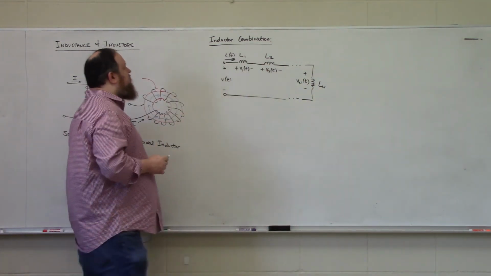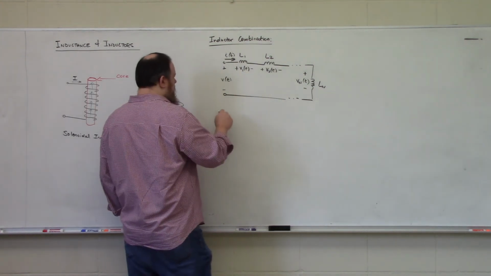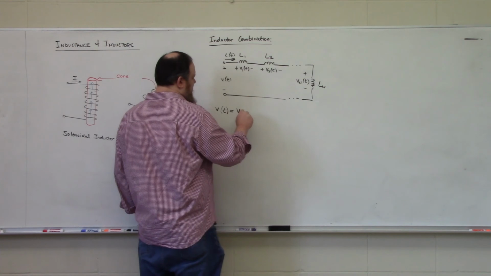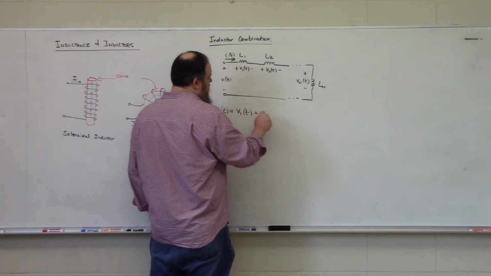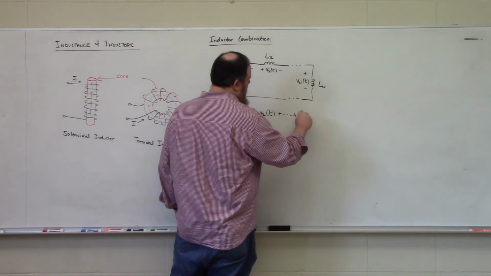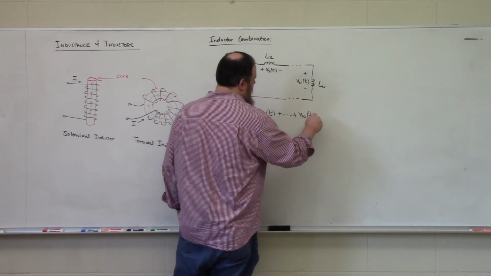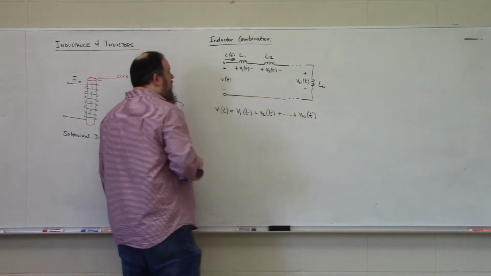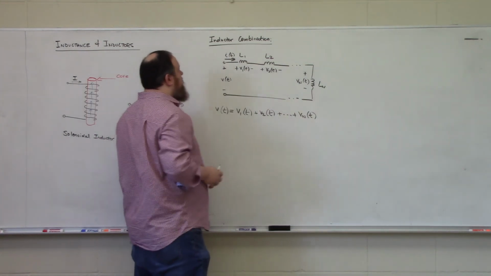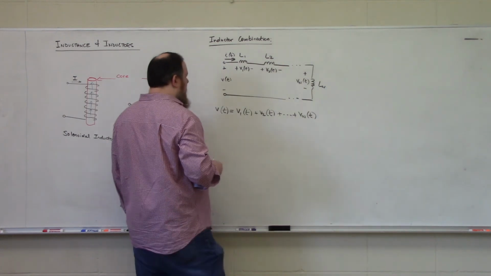Applying Kirchhoff's voltage law around our loop, we would find that V of t is equal to V1 plus V2 plus Vn, where we can express all of our inductor voltages in terms of this common series current I of t.